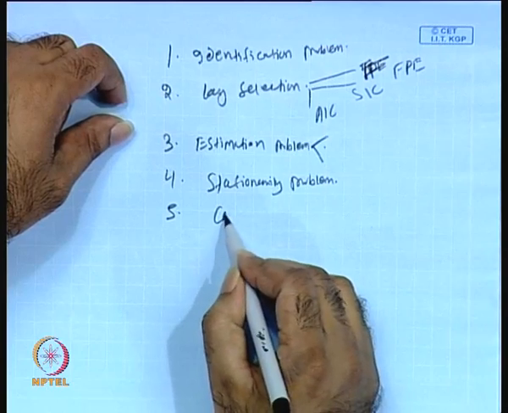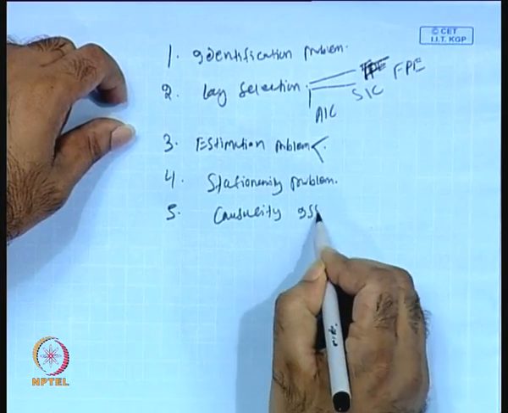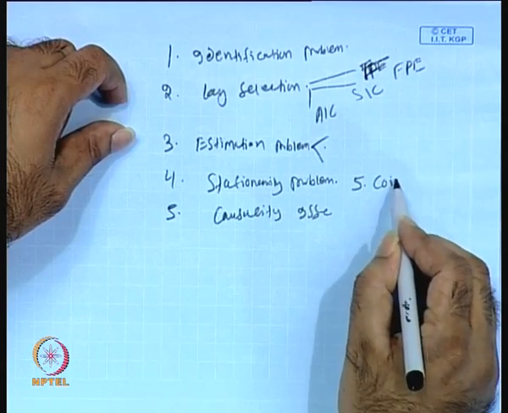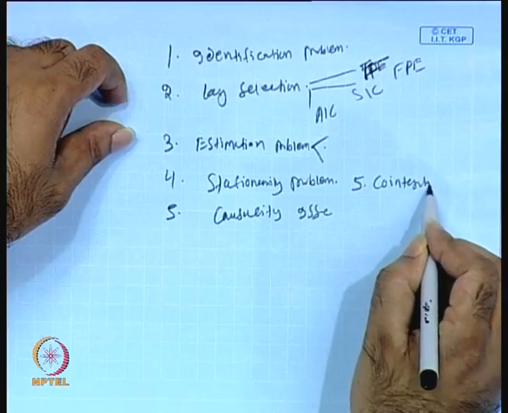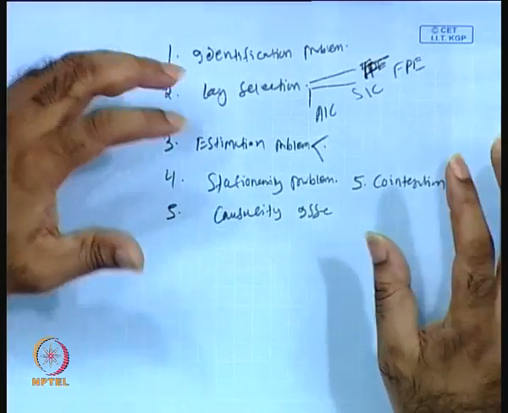Fifth is the causality issue. Before that there is another trick called co-integration. This is purely a multivariate framework, and causality is also a multivariate framework. Multivariate here means two variables in the system; one variable with its lag is not what we are considering.